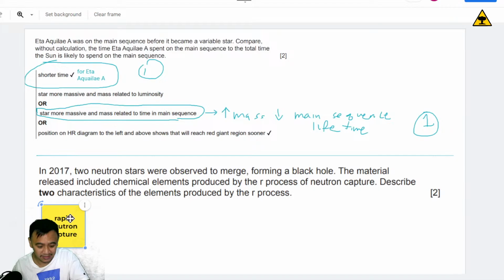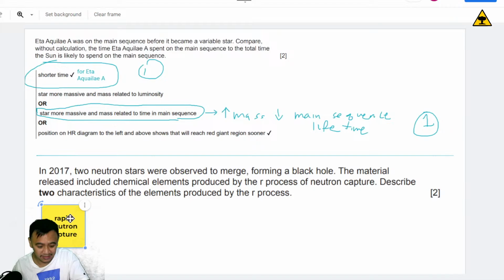Is it the rapid neutron capture? Okay, this is faster. Meaning what? It builds up heavier elements.